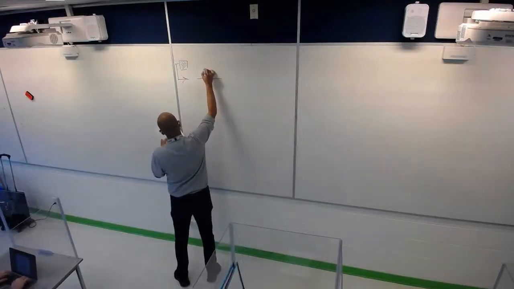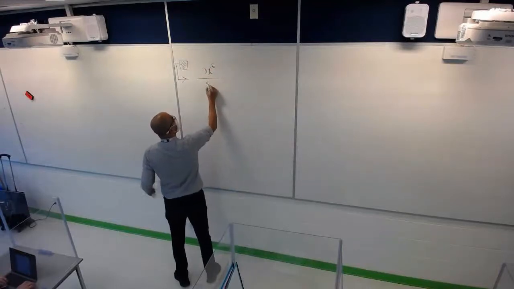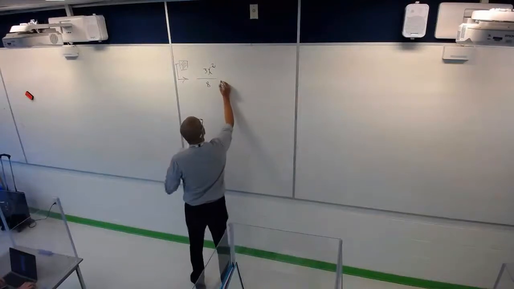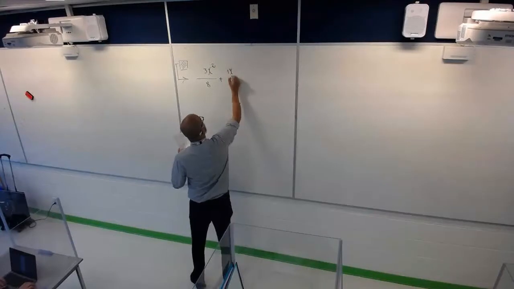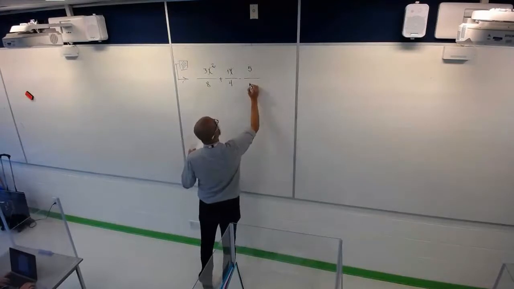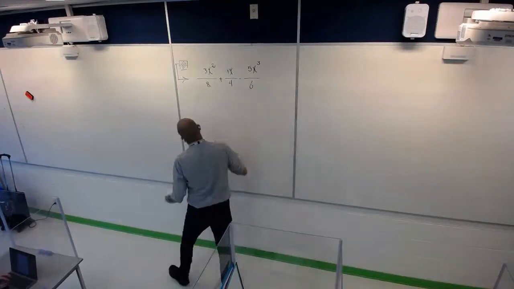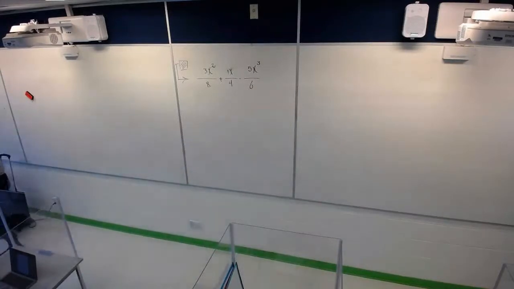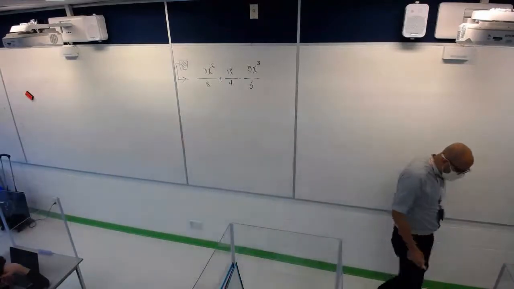One of these, let's say, 3x squared over 8 plus 4, let's say 1x over 4 minus 5, minus x cubed over 6. I'm going to start this today a little bit; it's a very easy task, and the task that you are going to do is this.